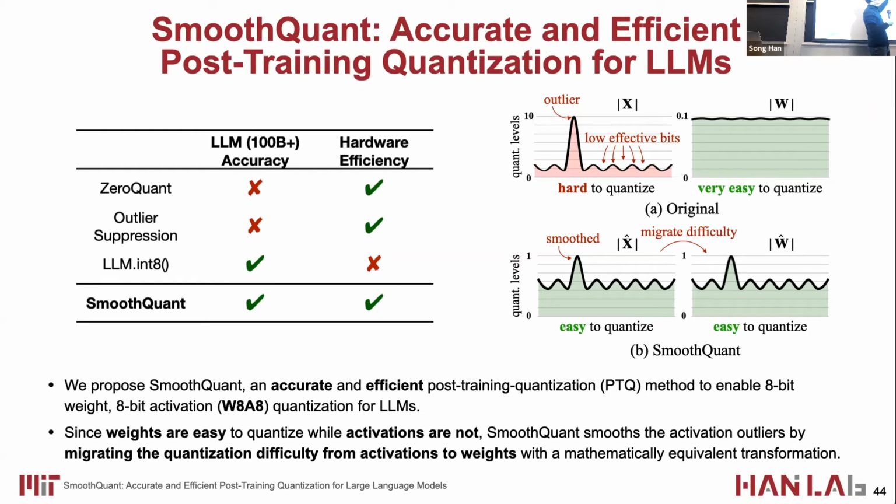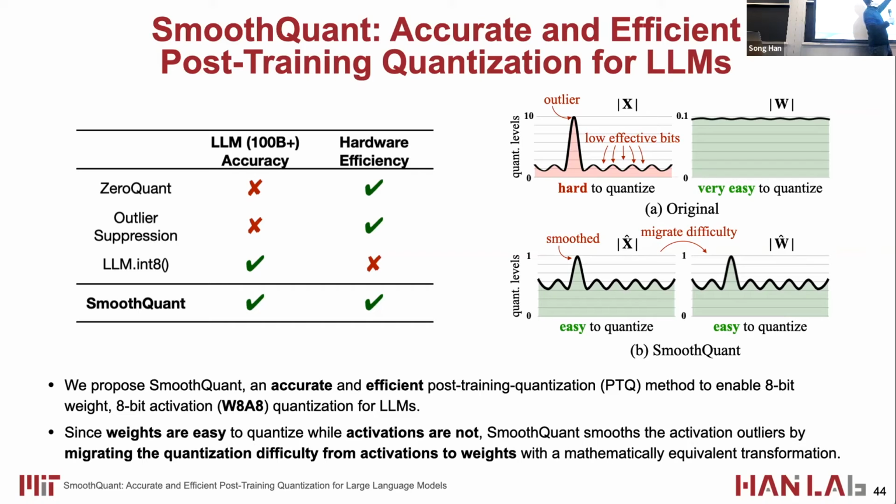Since activation is difficult to quantize, we just redistribute the quantization difficulty. For example, we smooth the activations to make them easier to quantize, and we push some of the quantization difficulty from activations to the weights. So we have easier-to-quantize activations and slightly more difficult-to-quantize weights, but they are still relatively easy and okay to quantize using the techniques that we already have.